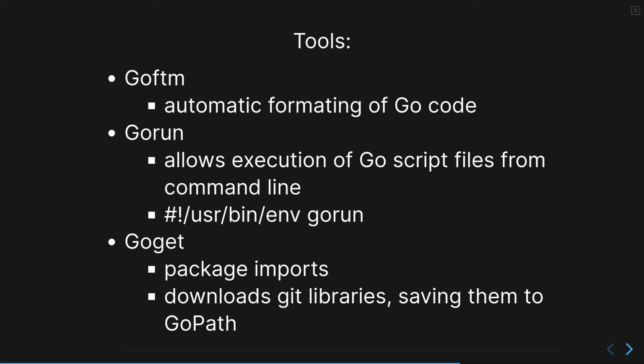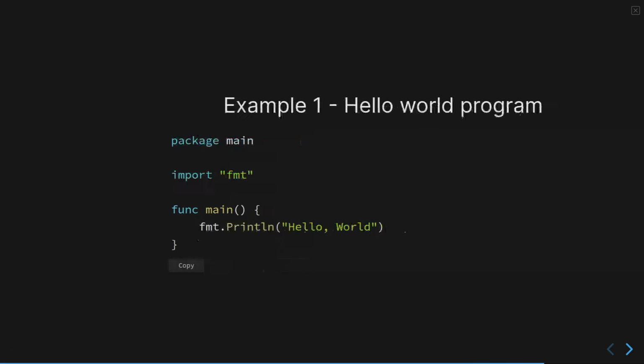And Go get, which is a package importer. Its purpose is to download Git libraries and to save them in the Go path. We don't need to do it by hand. Thanks to that, it saves us some portion of work.